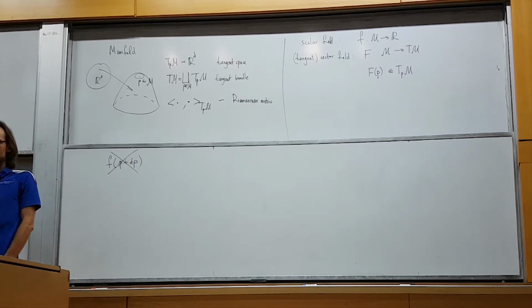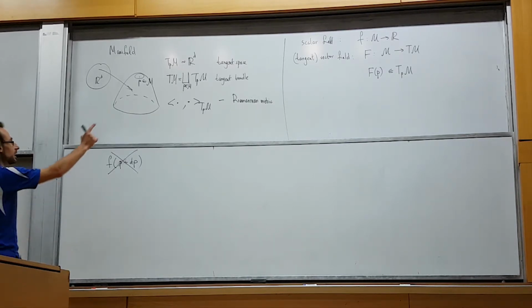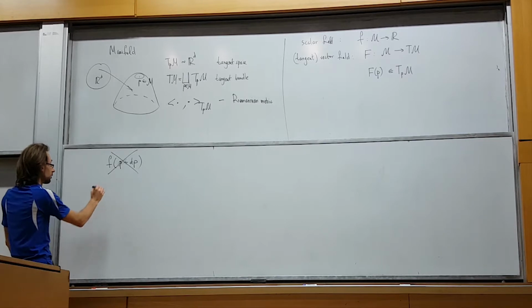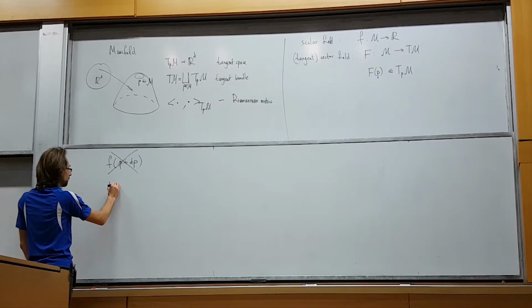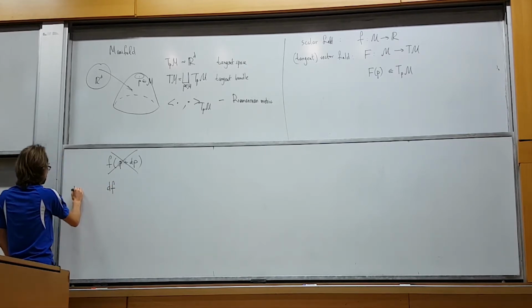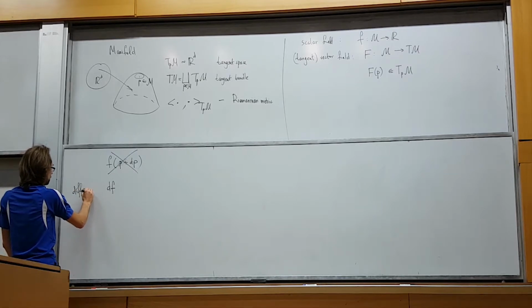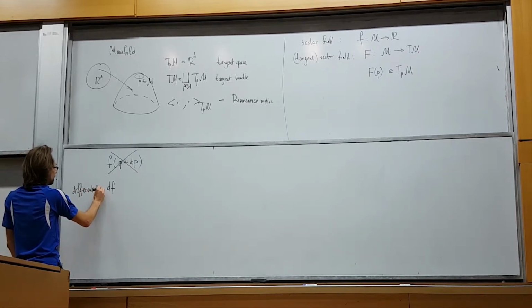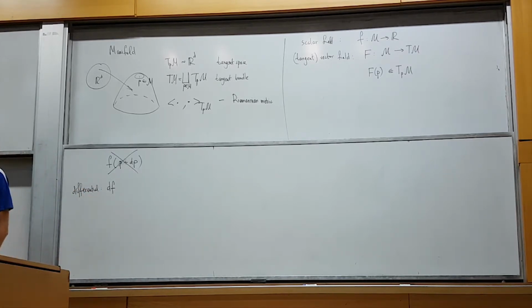So I would like to define the following operator. Given a scalar field f, I will define what is called the differential operator, the differential of this scalar field f.